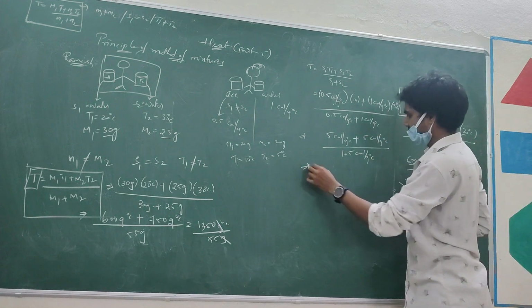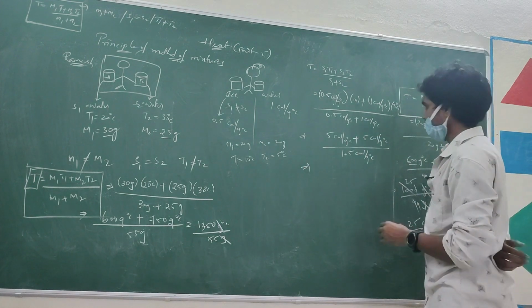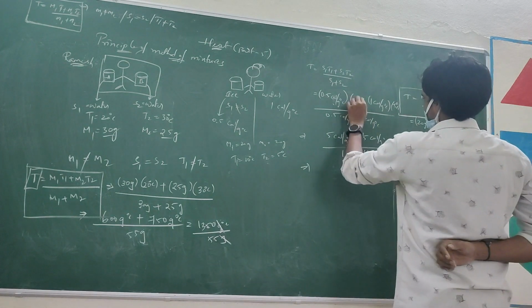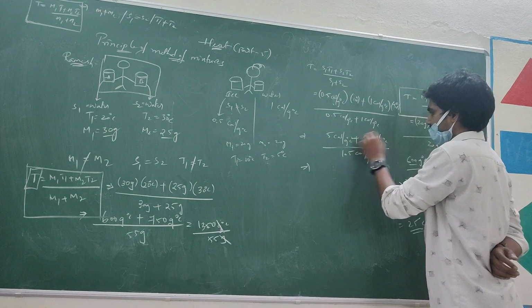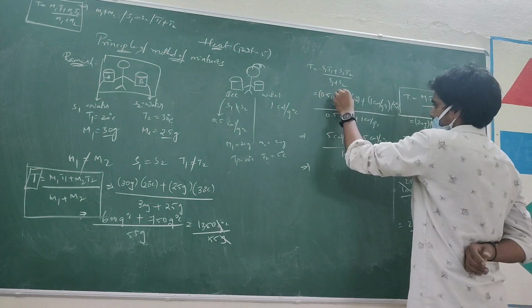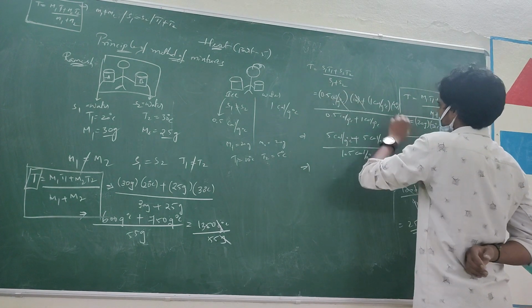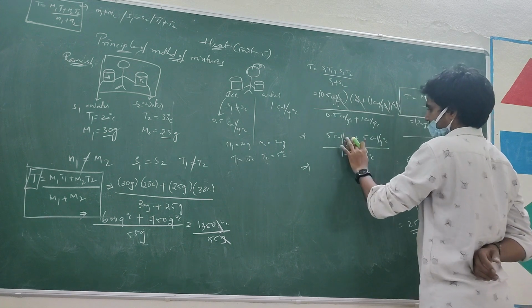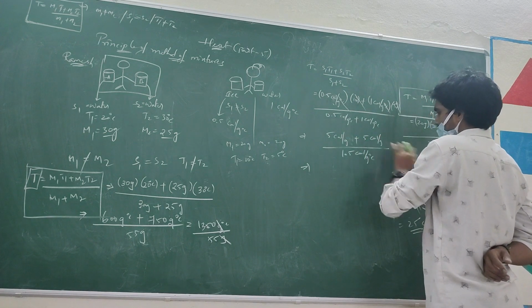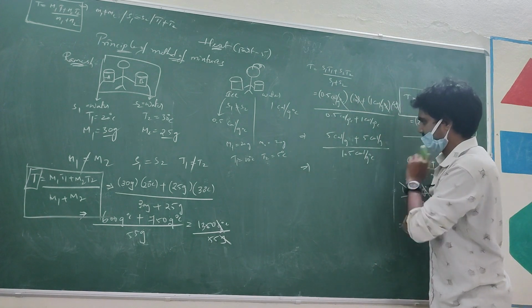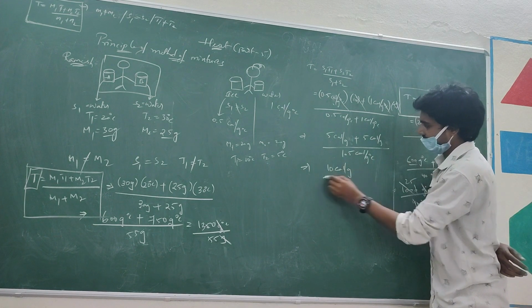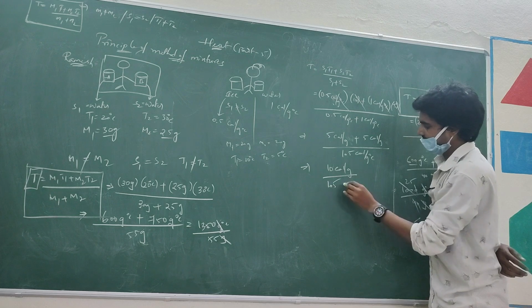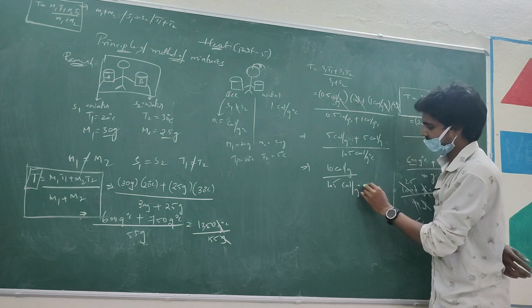So if you add these two, here we have degree centigrade in the first case, so degree centigrade could cancel out here. There is no need to worry. Now in this case we have 5 plus 5 is 10 calorie per gram divided by 1.5 calorie per gram degree centigrade.